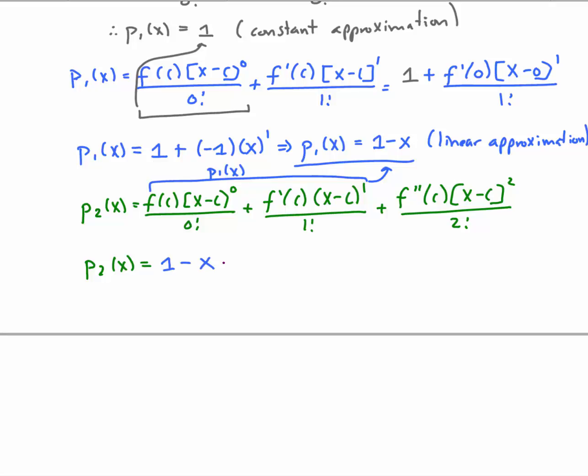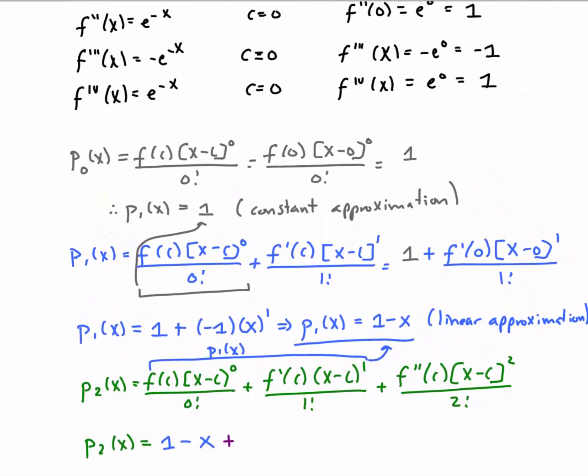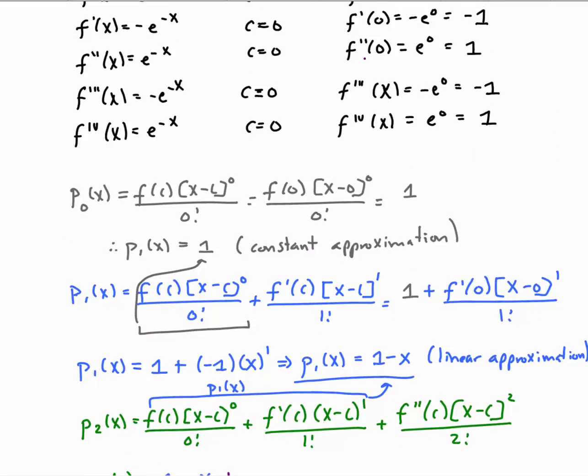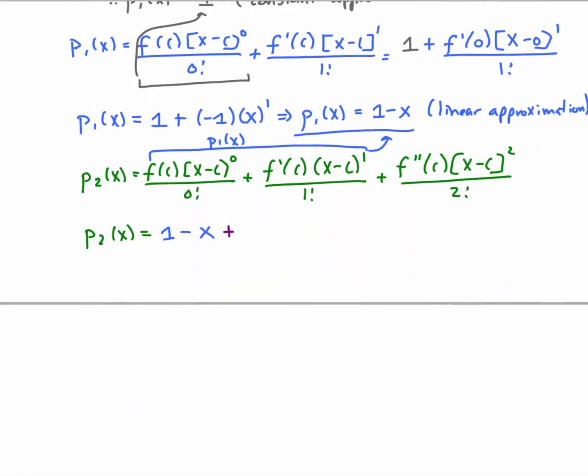Okay, plus the second derivative evaluated at its center, that would be right here. So that's going to be 1 times (x minus 0) quantity squared over 2 factorial, and 2 factorial is just 2.